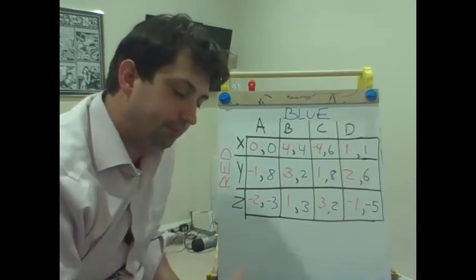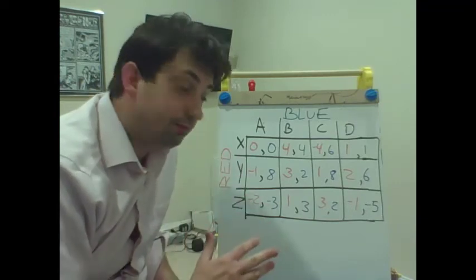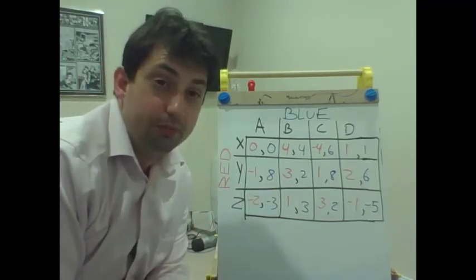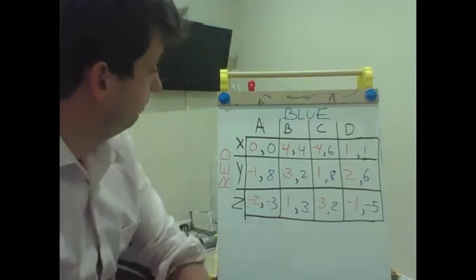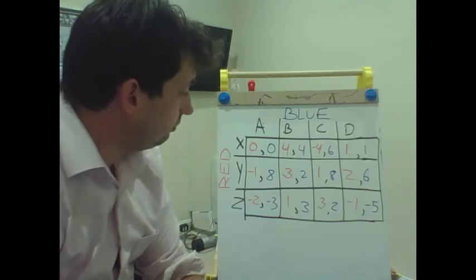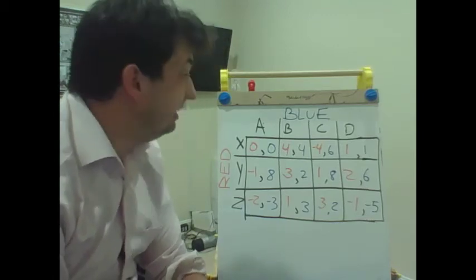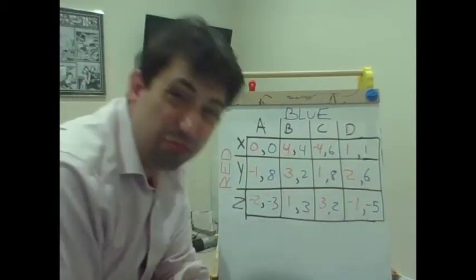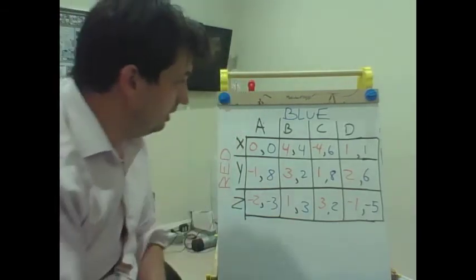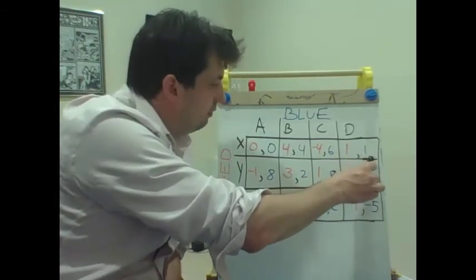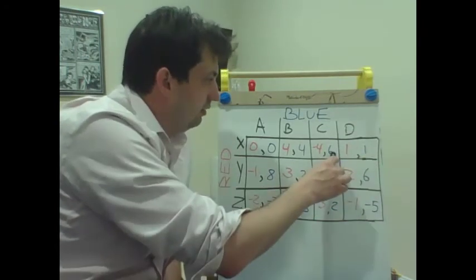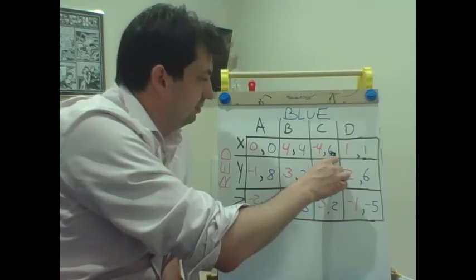Okay, so take a look. Is there any strategy no one would do? That's right. D is a terrible strategy. Hey, look, blue gets a payoff of 1. That is awful because if it switches to C, it gets a better payoff.